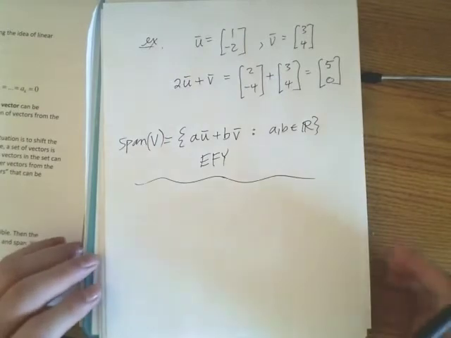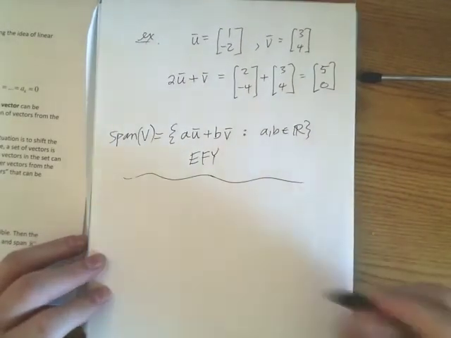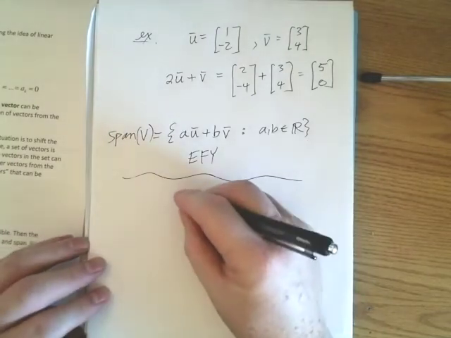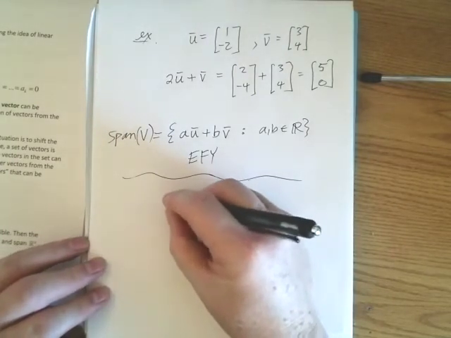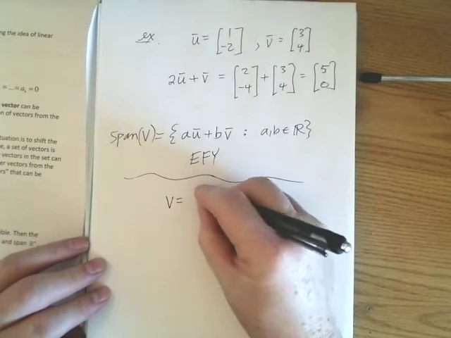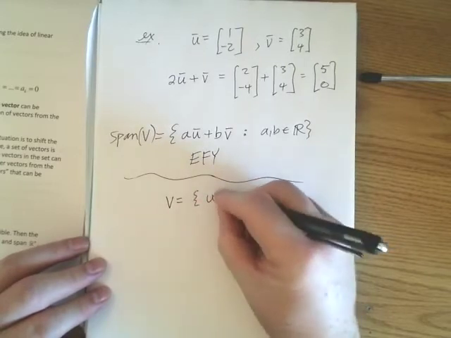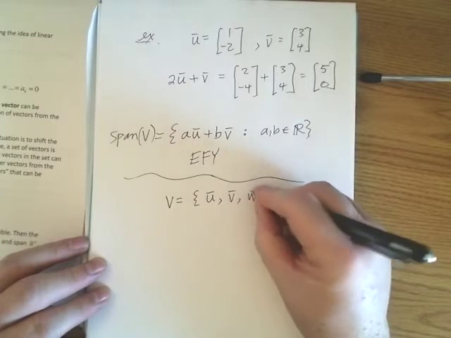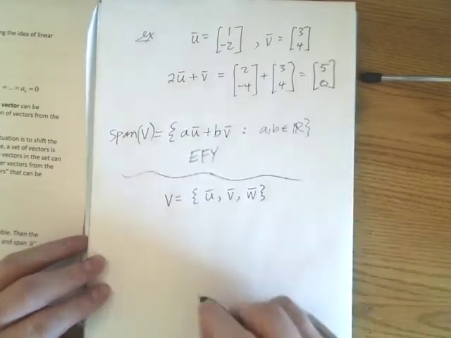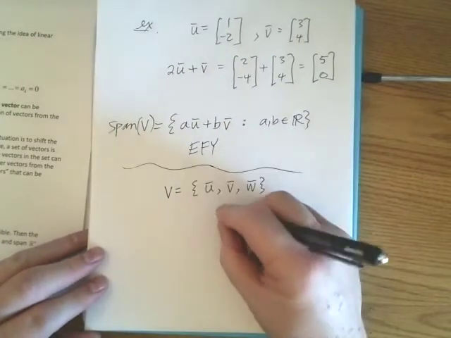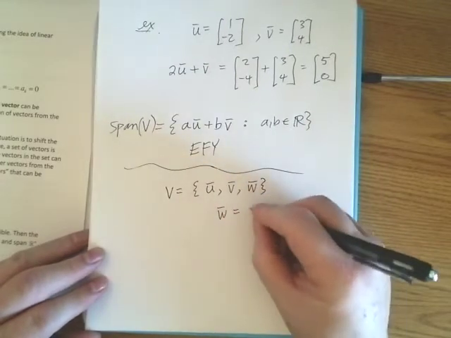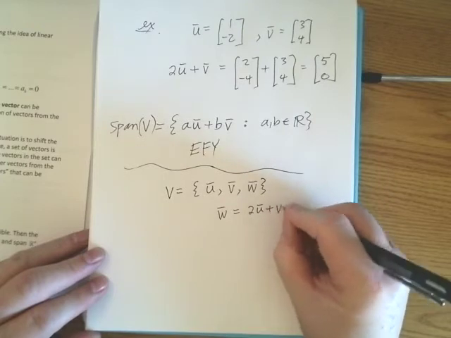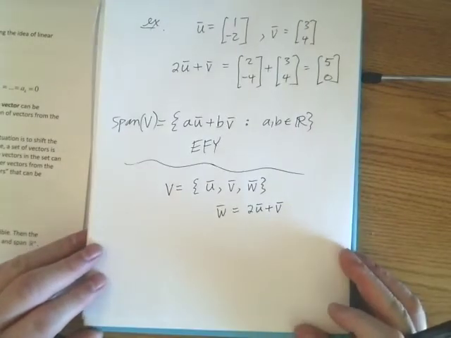Let's get the idea here of some of these. Let's say I had a couple of vectors like this. Let's say V was U, V, W, and it so happened that W was 2U plus V. It just so happened.